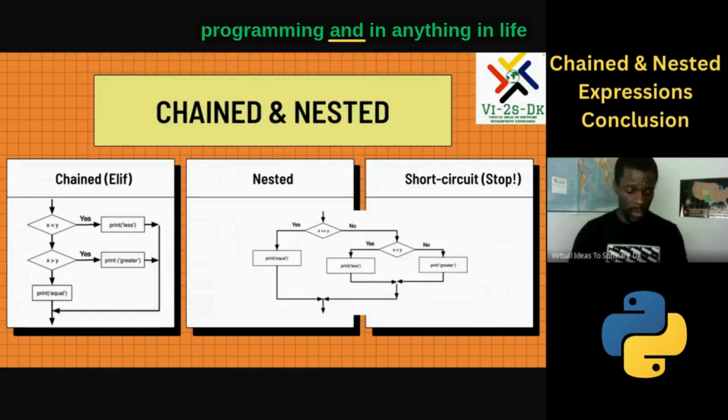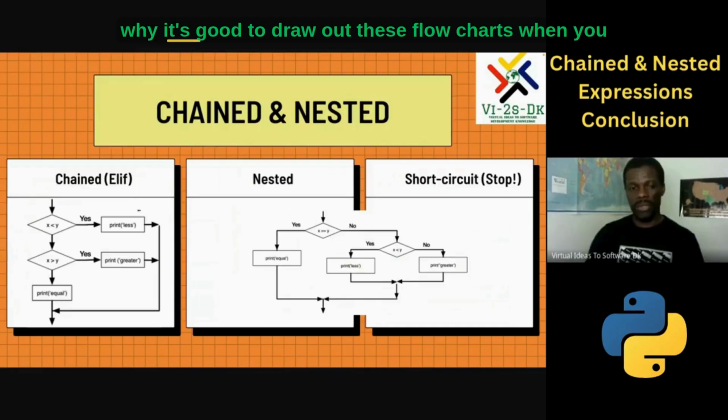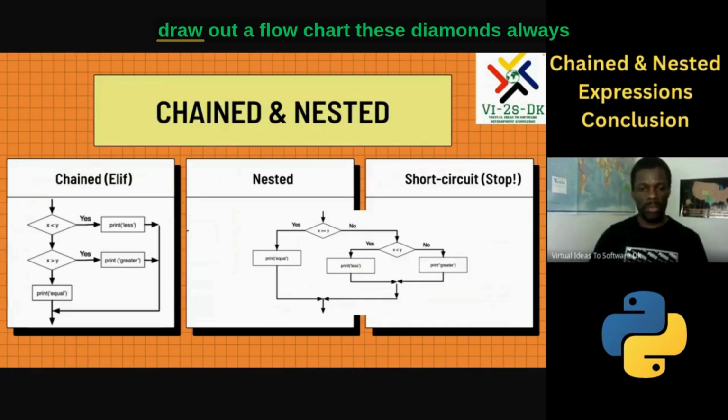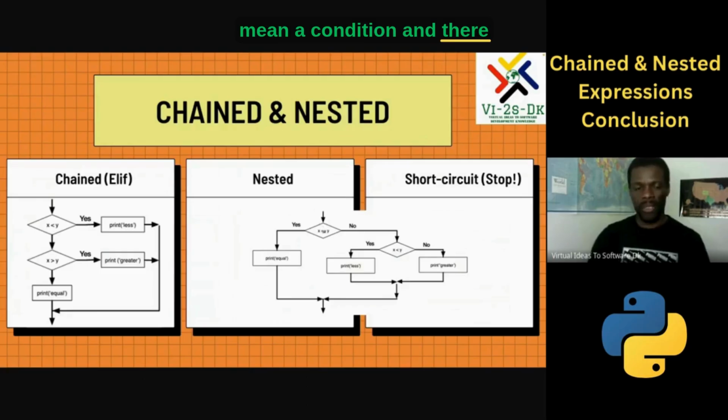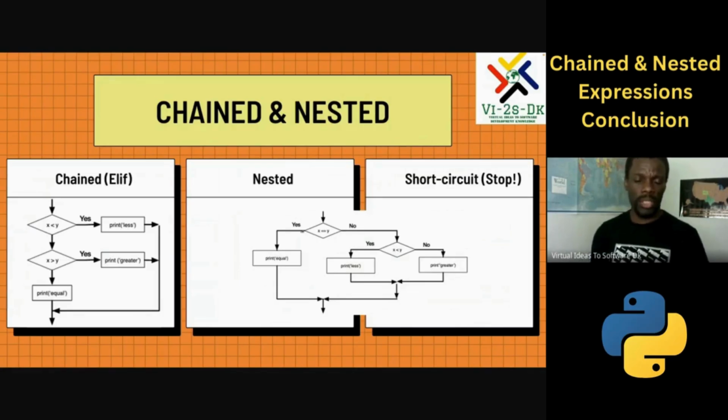In programming and in anything in life, it's always good to have a plan. So that's why it's good to draw out these flowcharts. When you draw out a flowchart, these diamonds always mean a condition. The rectangles are usually a piece of data, and so on and so forth. And the arrows tell you the direction to take based on a decision or the instructions that we're following.